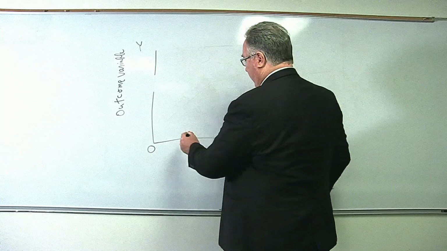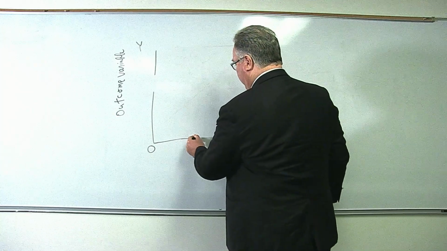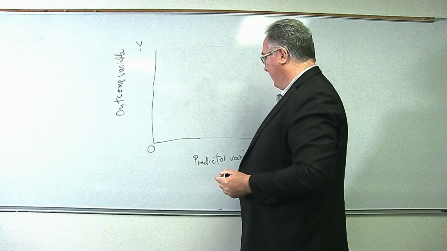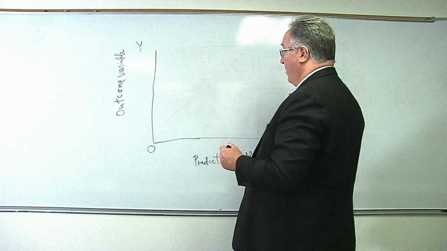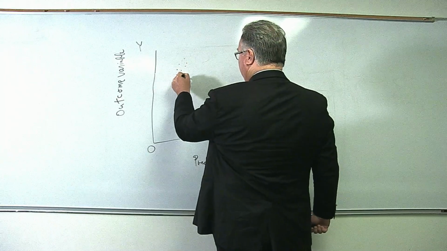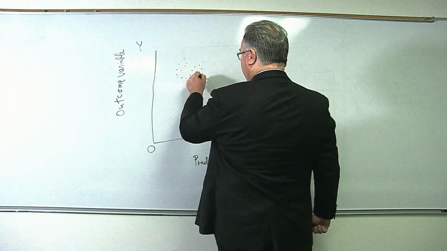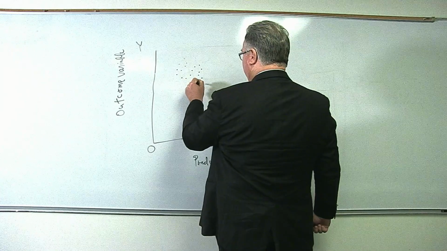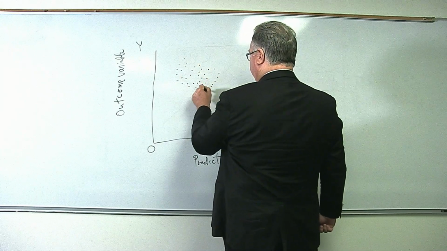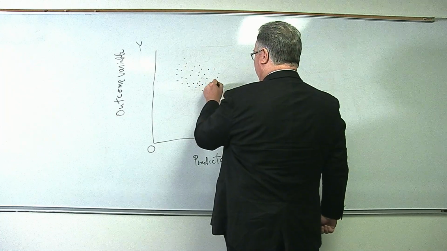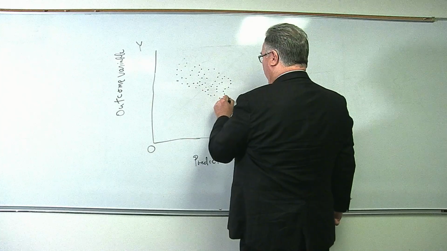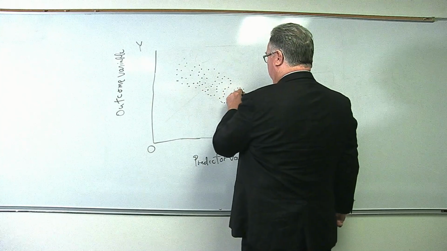But what they all hold in common is that they're linear relationships between the outcome variable and any particular predictor variable. So you perhaps might have, again, these are observed values. Each one of these dots represents an observed value on the x variable, the predictor variable, and on the y variable, the outcome variable.